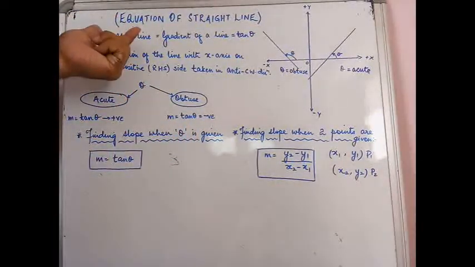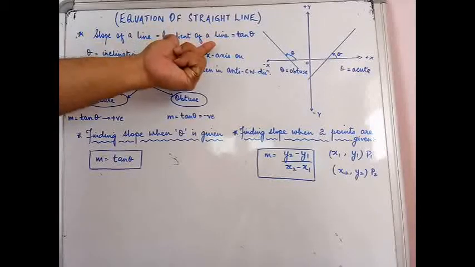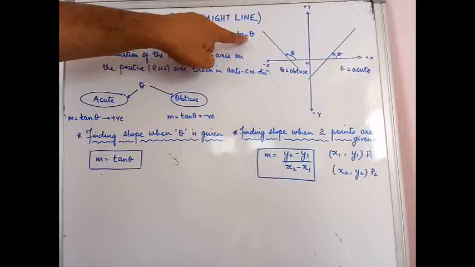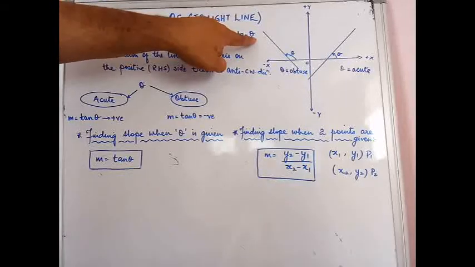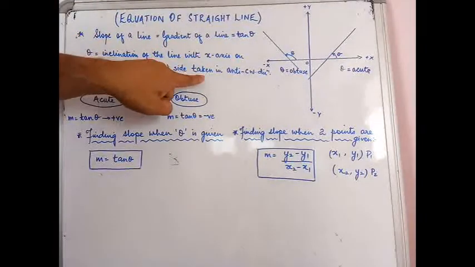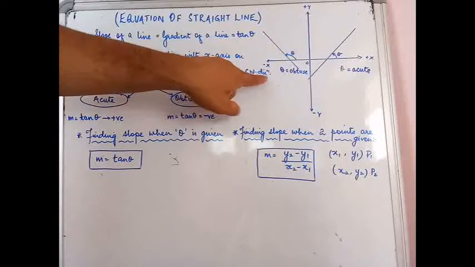Slope of a line is also known as the gradient of a line, and it is equal to the tangent of the angle which the line is making with the positive direction of the x-axis when taken in anti-clockwise direction.